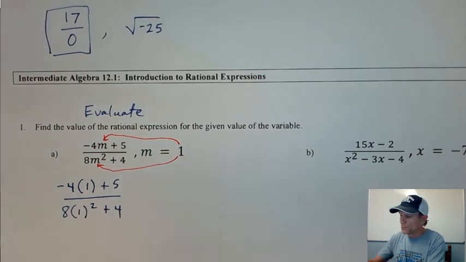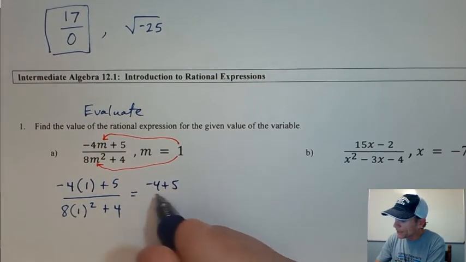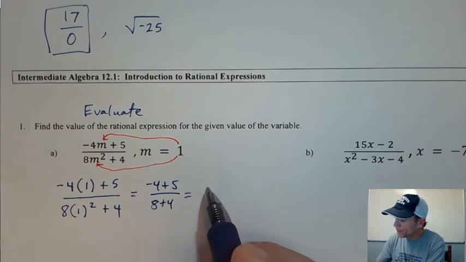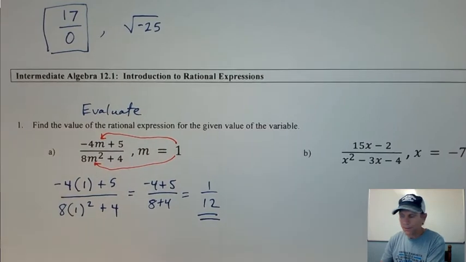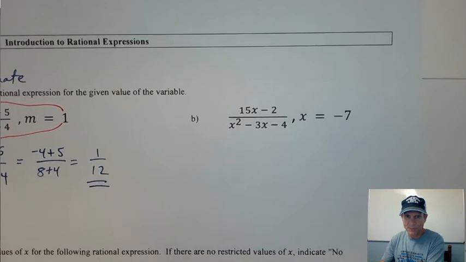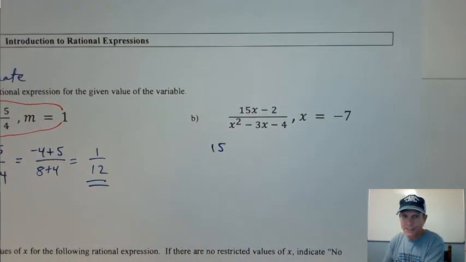And then we'll do our computing here, and we get -4 plus 5 over 8 plus 4, and we get 1/12. All right, now looking at the next one, a little more complicated because we have a negative number we're substituting in, and we have to be a little more careful with negatives here. We're going to have 15 times -7.